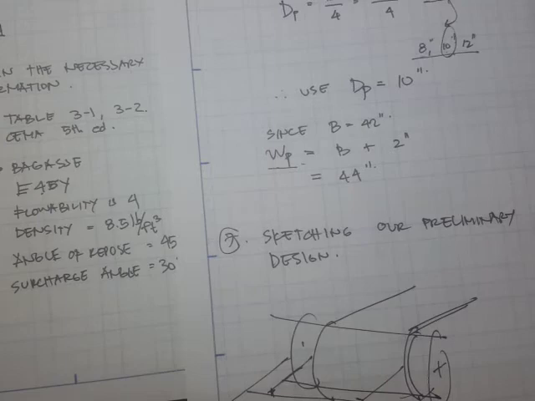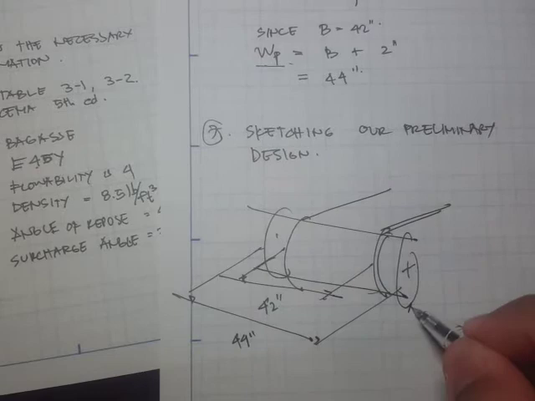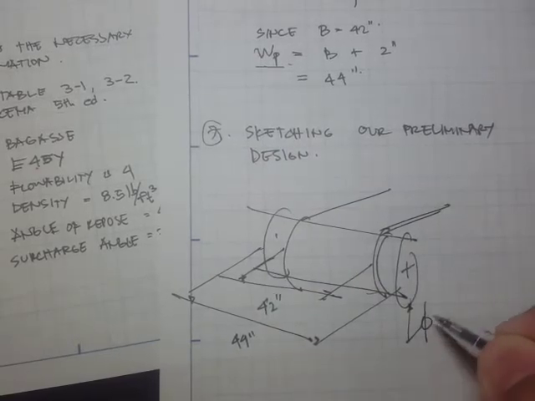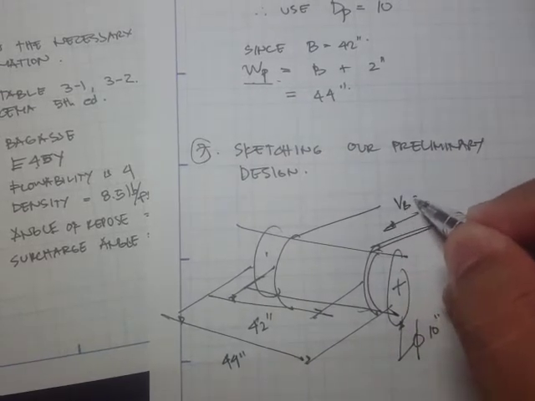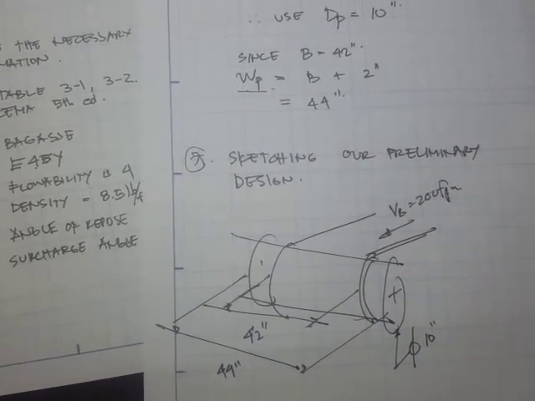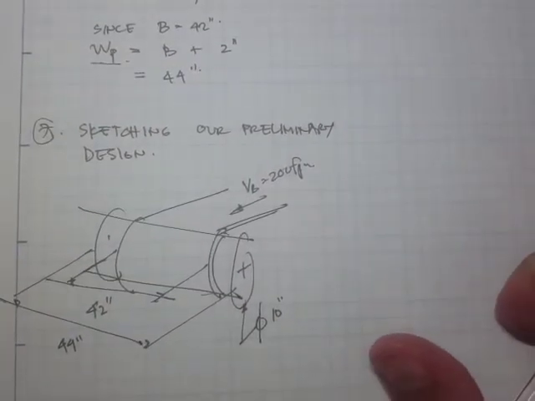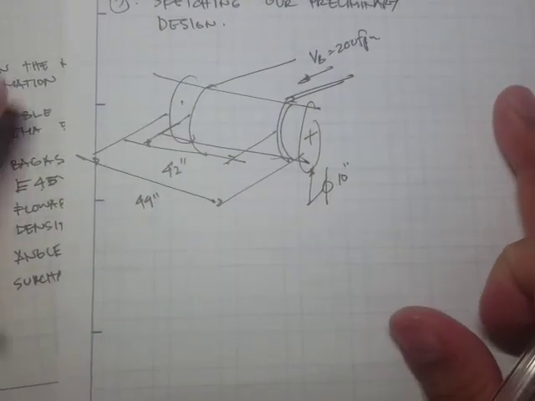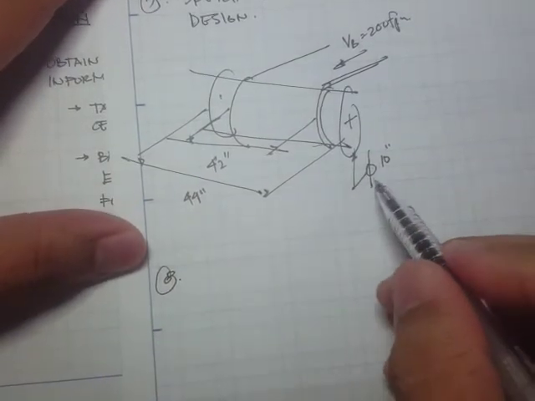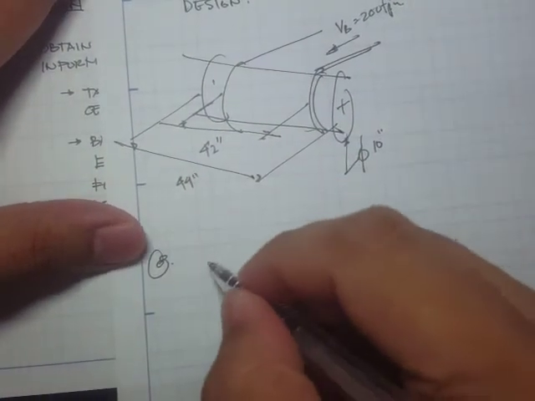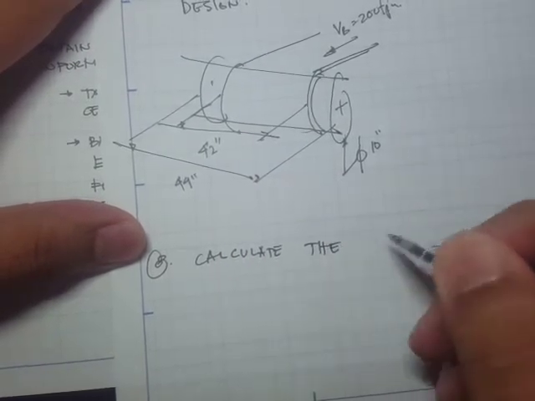Then this one is 44. Then this one, the diameter, is 10 inches. We have a belt speed of 200 fpm. Okay, so far so good. Then the next step would be to calculate, I guess we should include this one, the pulley speed.